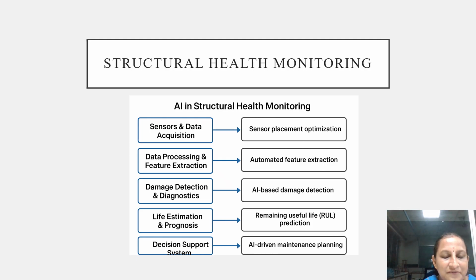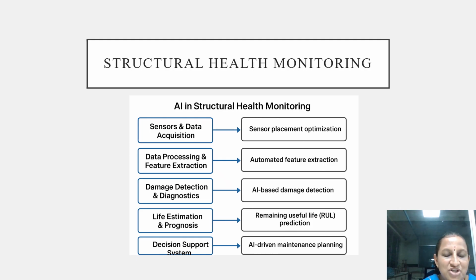First, as a first step, we need to know where the sensors have to be fixed, so sensor placement optimization can be done with the help of AI techniques. The second step involves data processing and feature extraction, where we can use AI for automated feature extraction. Then, as discussed in damage detection and diagnostics, AI-based damage detection will be helpful to identify the severity and extent of the damage.